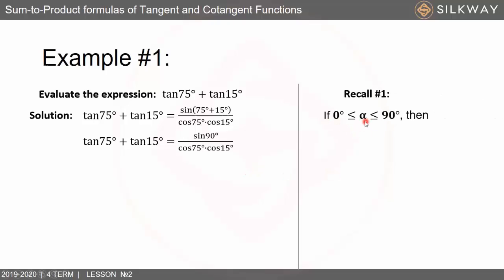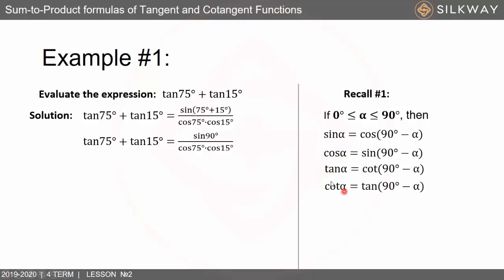If alpha is between 0 and 90 degrees, then we know sine alpha is equal to cosine of 90 degrees minus alpha, and likewise for tangent and cotangent. We know this information from the previous lessons. If we use this formula, cosine 75 will be sine 15.